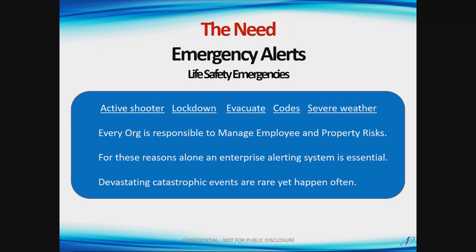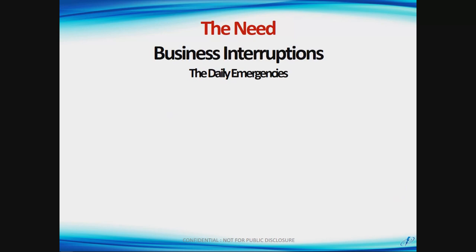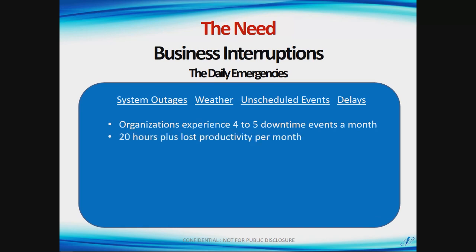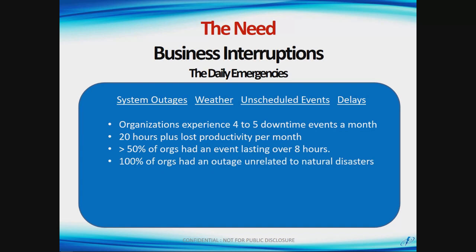And businesses have a need, right? It's not just always emergencies, but they have business interruptions as well. You can have organizations that experience 4 to 5 downtime events a month. Each one of those events includes a cost, lost productivity. Did you know that greater than 50% of organizations have had outages or disasters or catastrophes that have lasted longer than 8 hours?